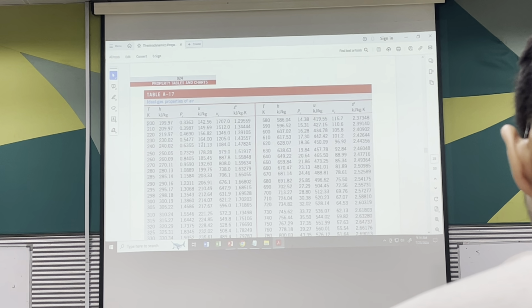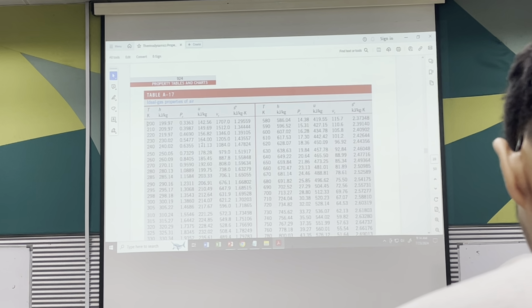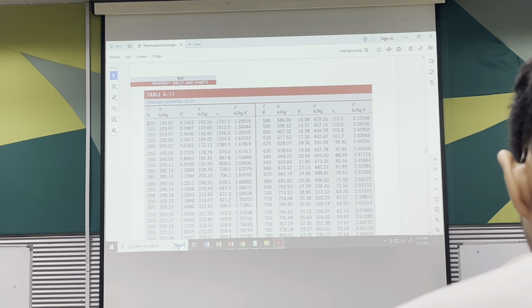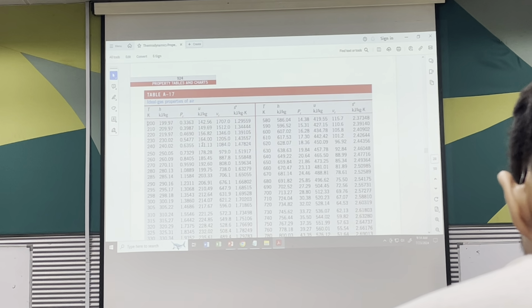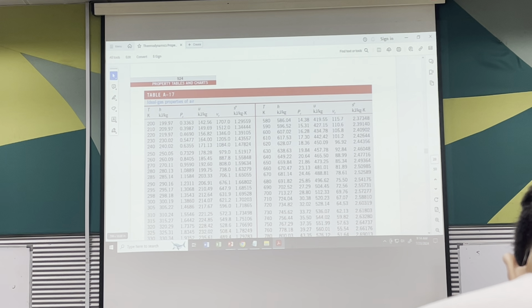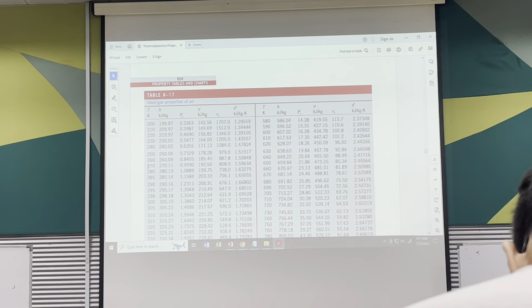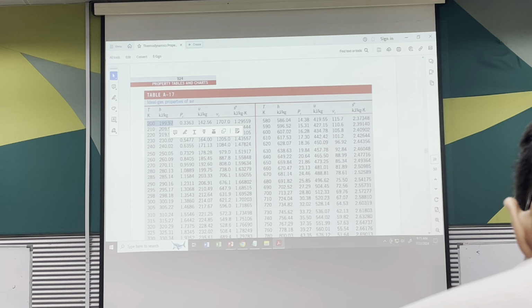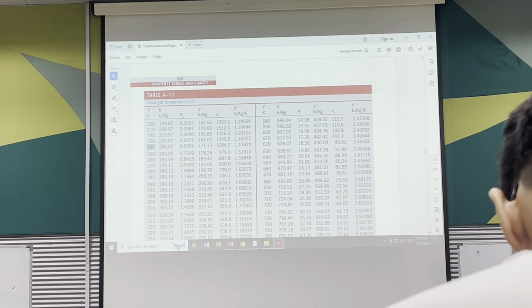So one interesting fact that I can show you, which we don't really use in our syllabus because it will get a bit confusing, is that you can notice that at low temperature, h is approximately the u value. Can you see that? At low temperature, they are approximately the same value.